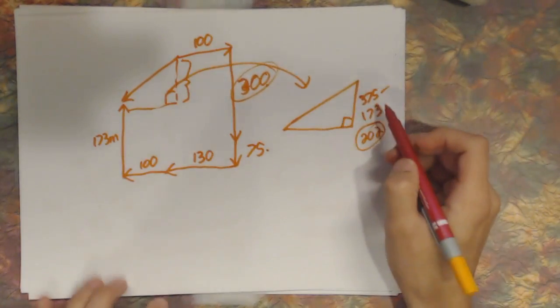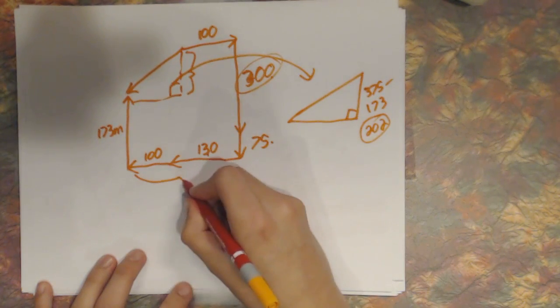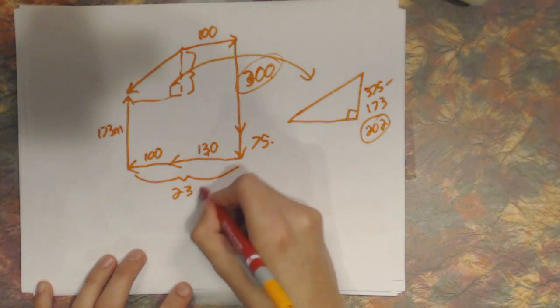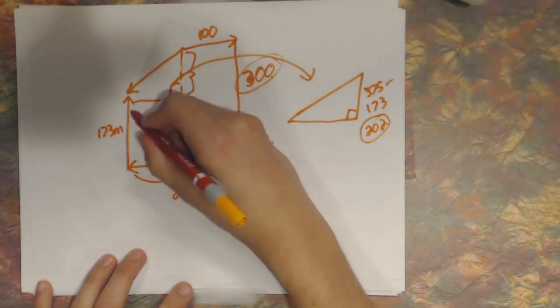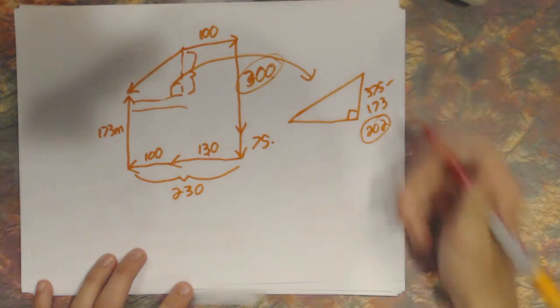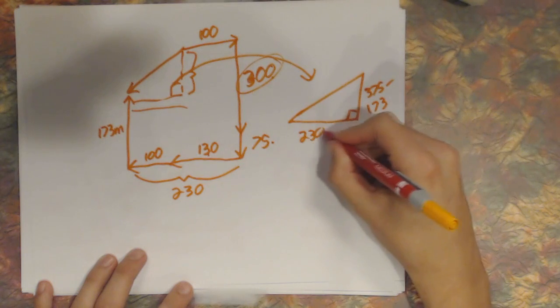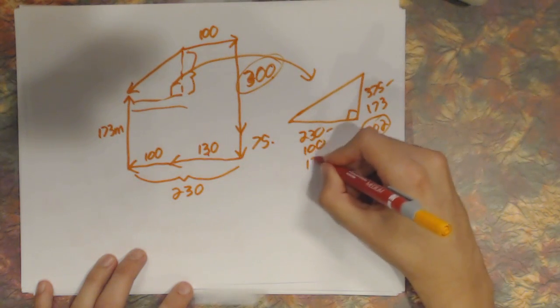And then this side, which is going to be this plus this, which is 230, minus this, just to get this part right here. So we need 230 minus 100, which is 130.